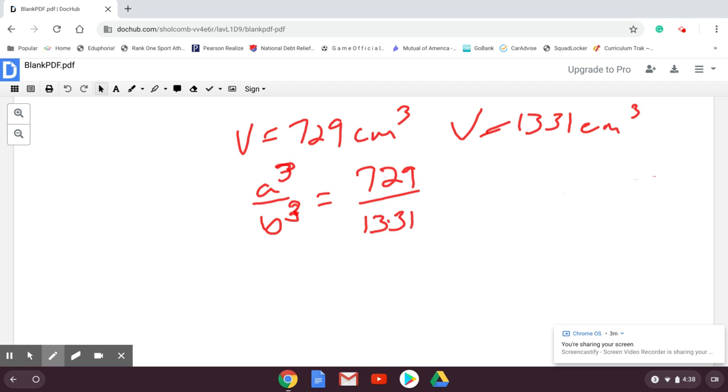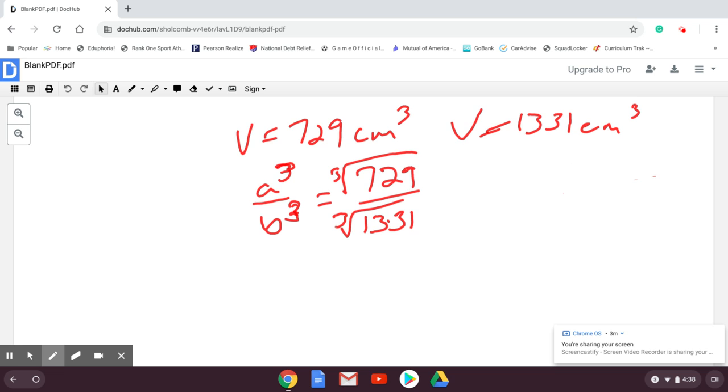If I want to find the original scale factor, I've got to take cube roots of everything, and then I get my A to B ratio. So you're going to need your calculator, and I'm going to remind you how to find cube roots. You'll hit the math button, which is right underneath the green alpha key. Go down to option 4, and there's your cube root.